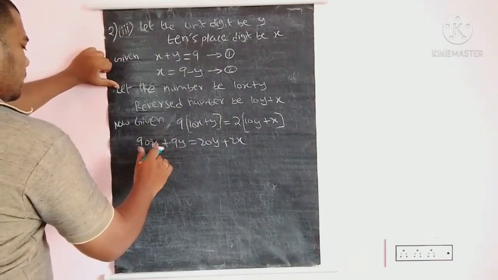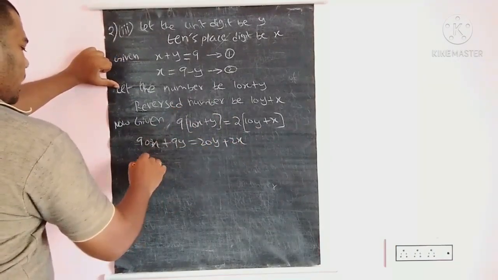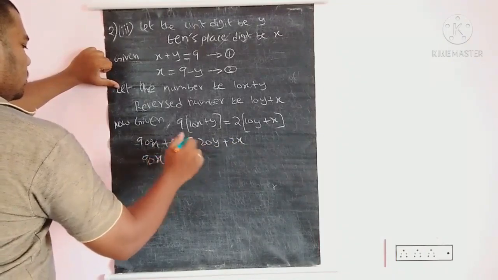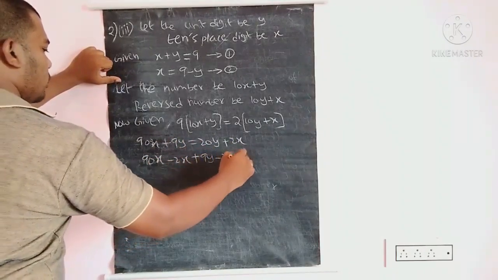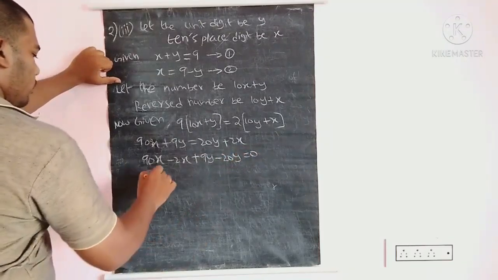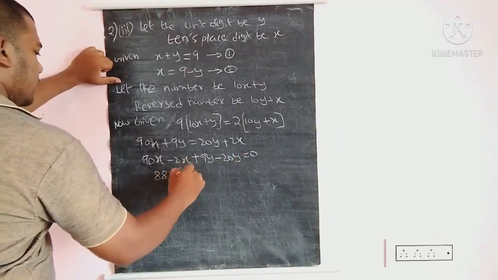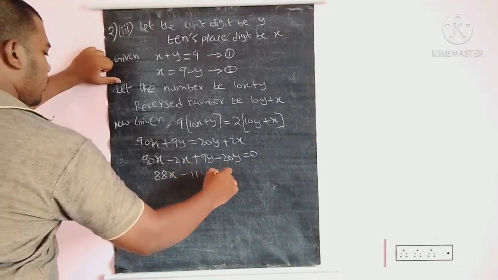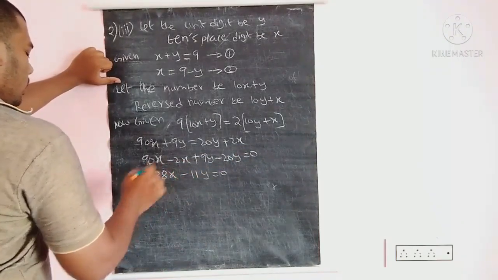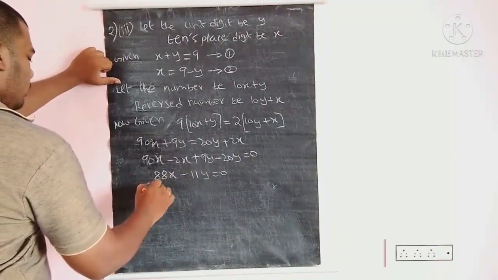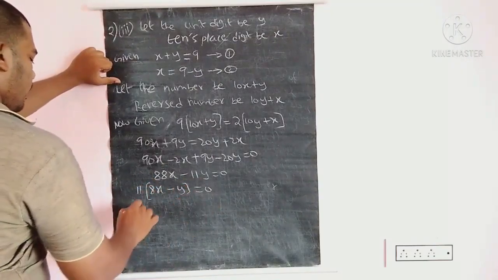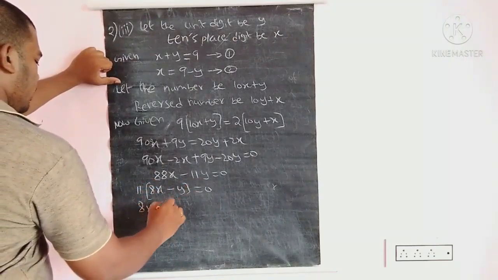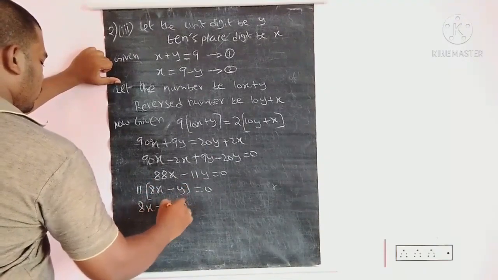So this will be 90x minus 2x plus 9y minus 20y equals 0. That is 88x minus 11y equals 0. If I take 11 common, 8x minus y equals 0. So 8x minus y is equal to 0.